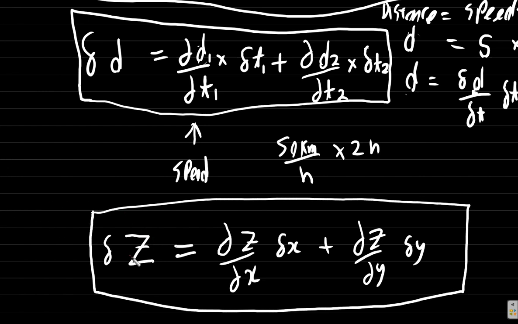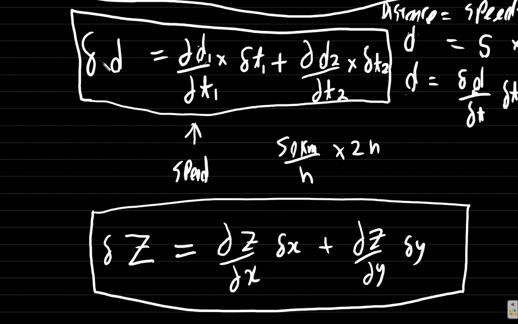So here you're saying that a small change in z is equal to the derivative of z with respect to x times a small change in x plus the derivative of z with respect to y times a small change in y. Right?